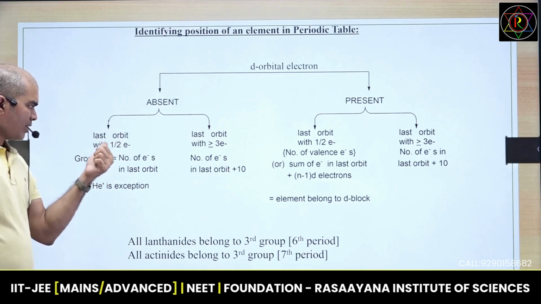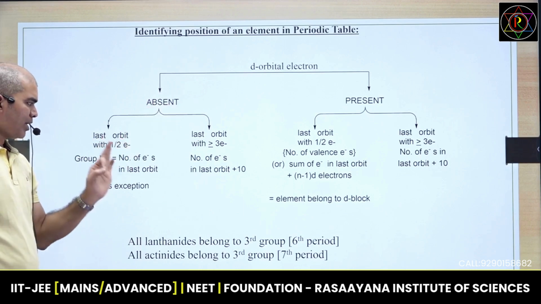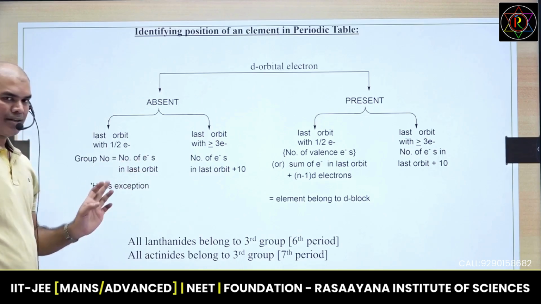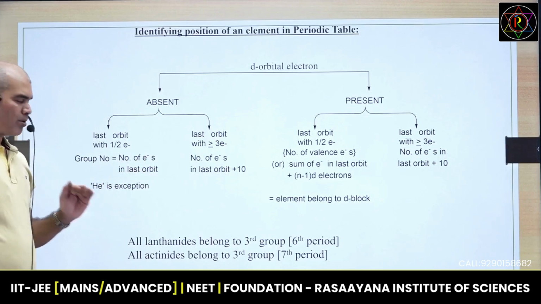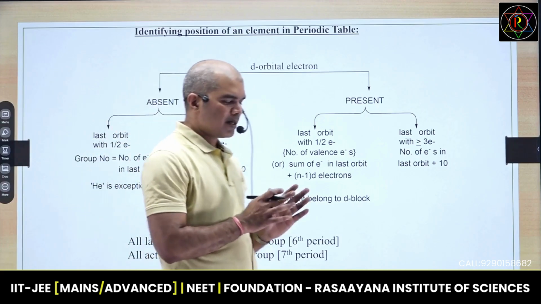Simply, if the last orbit has 1 or 2 electrons and d orbital electrons are absent, simply remember the group number will be the number of electrons in the last orbit. So you have to count how many electrons are present in the last orbit.